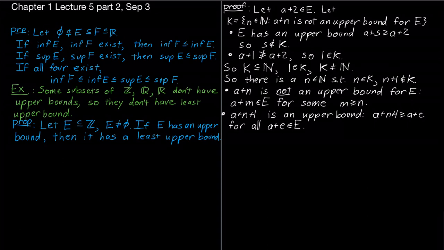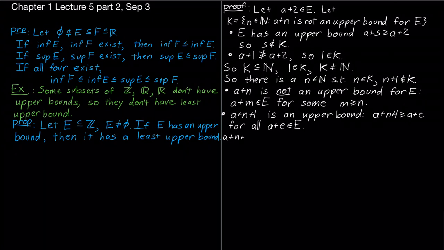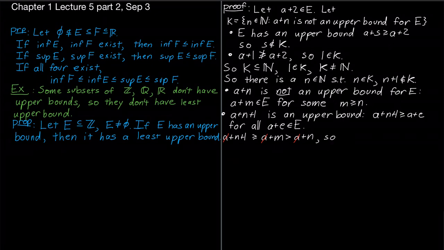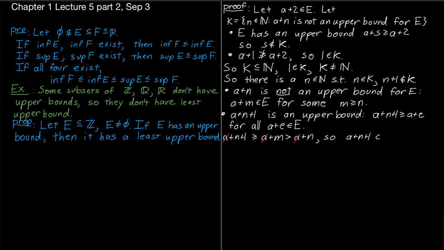So in particular, A plus n plus 1, that's greater than or equal to A plus m, is strictly greater than A plus n. We can go ahead and cancel out all of the A's, and these inequalities will still be true. So A plus n plus 1 is in E.